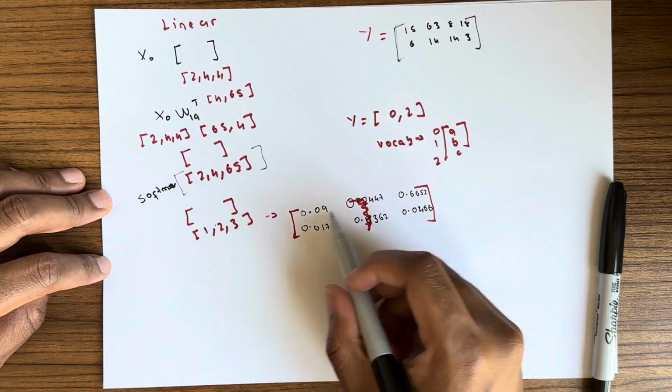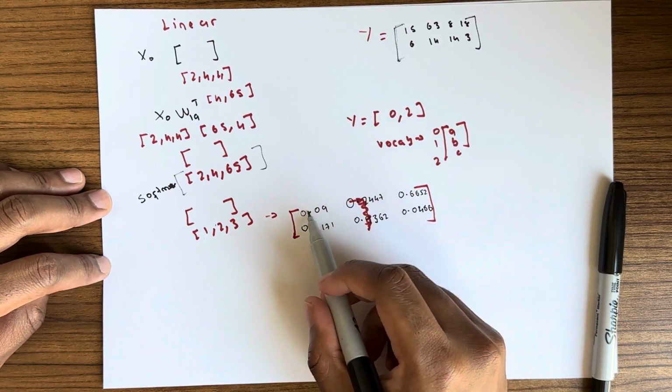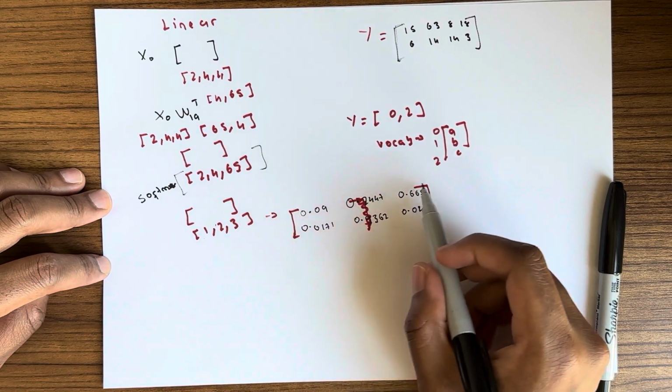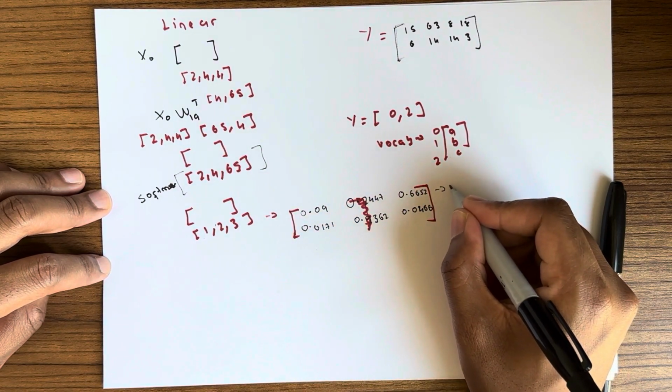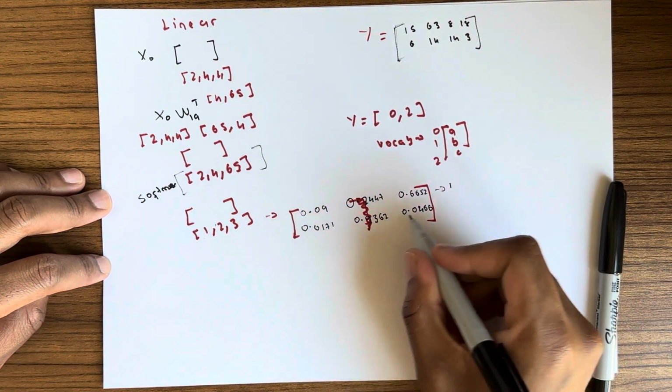Okay, notice that the summation of the numbers in the first row adds up to 1.